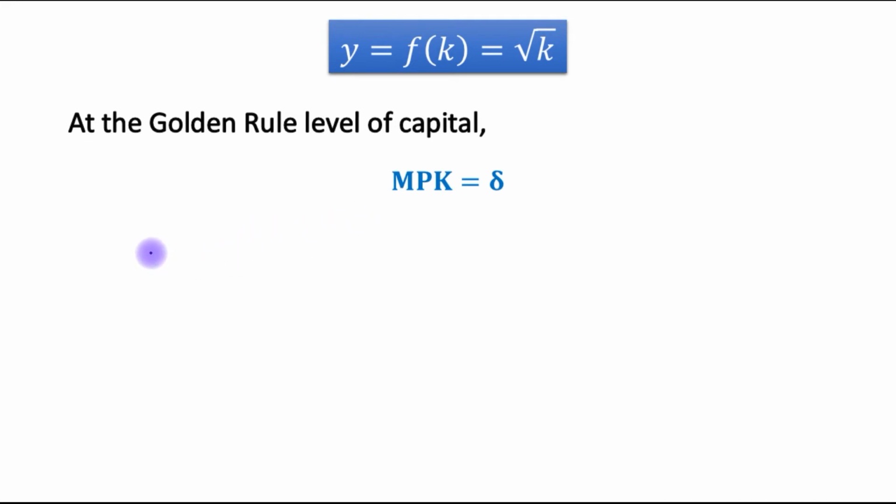In the next step, we can calculate marginal product of capital by differentiating this production function with respect to capital per worker. So we will write dy upon dk equals delta, which is already given in the question as 0.10.